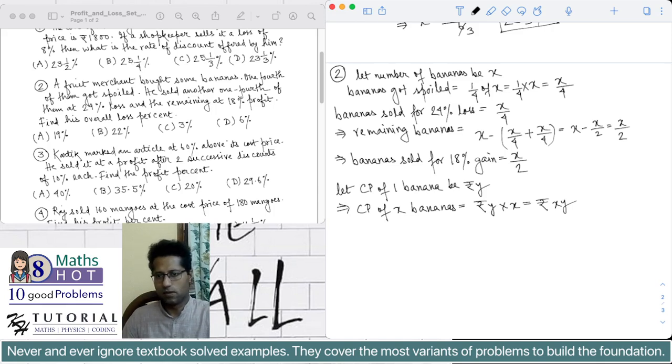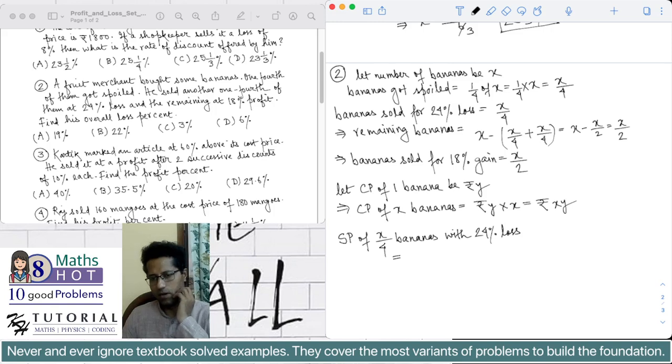Because the merchant sold X by 4 bananas for 24% loss, now we can see the selling price of X by 4 bananas with 24% loss will be equal to... 24% loss will be the same for one banana or any number of bananas.